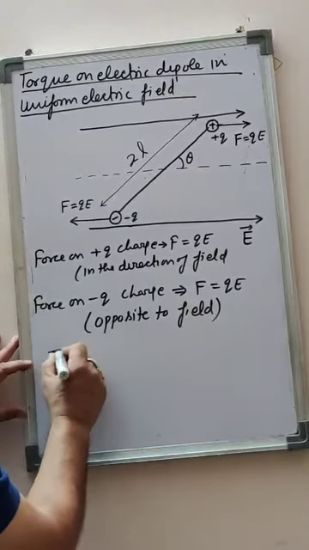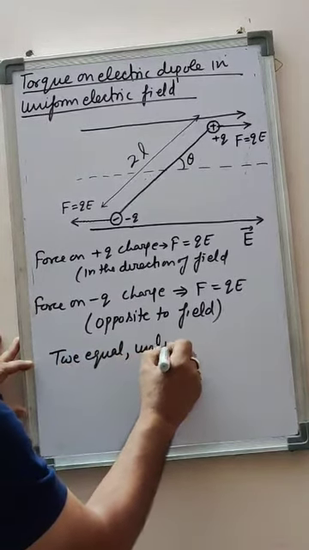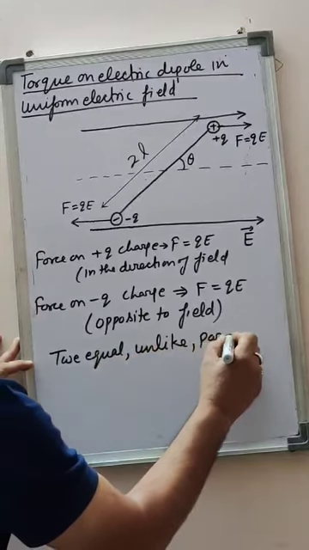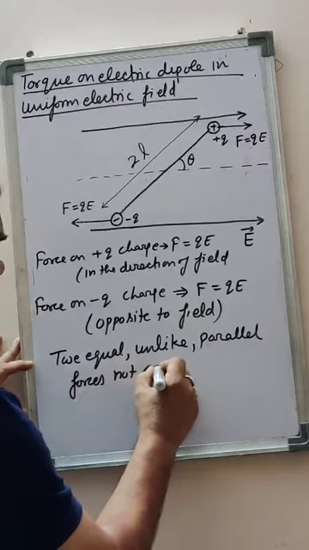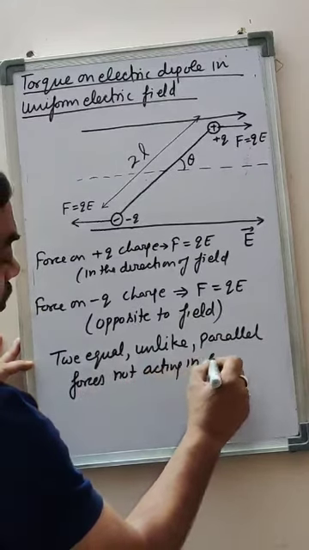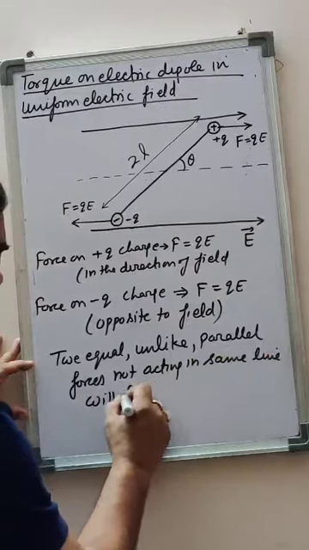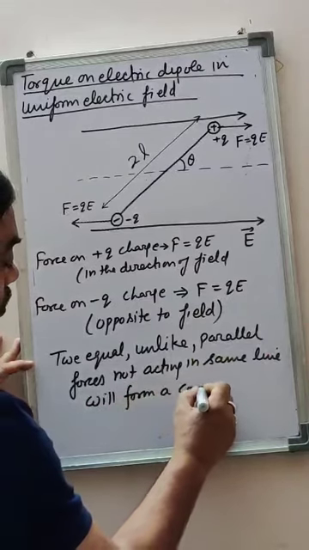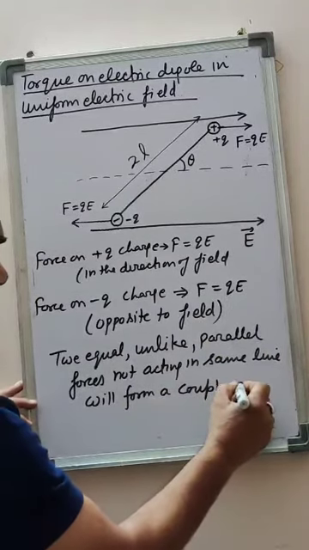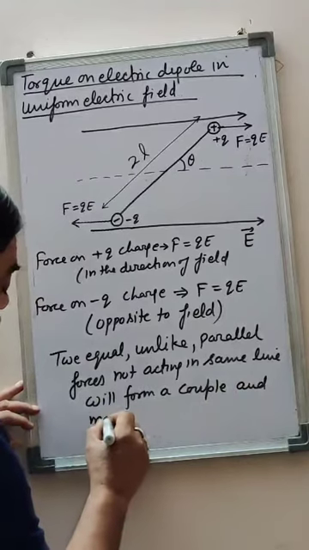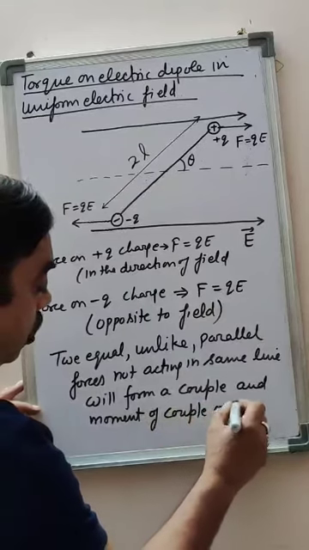Two equal, unlike, parallel forces not acting in the same line will form a couple. And the moment of the couple, or torque.